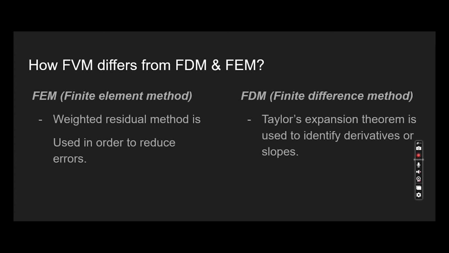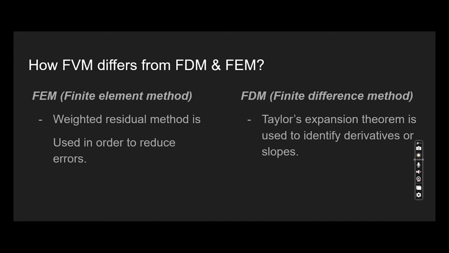identify derivatives or slope. The problem with these two is that these methods don't take into consideration the physics behind any problem. It doesn't matter if the fluid has transportive properties, is additive, and so on and so forth.